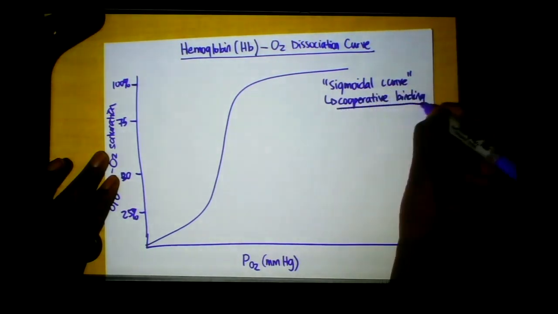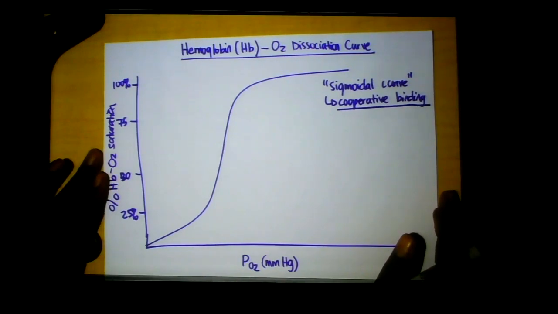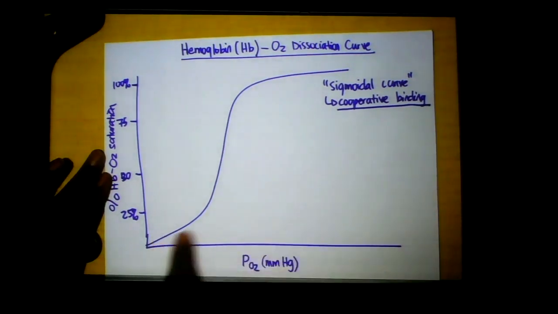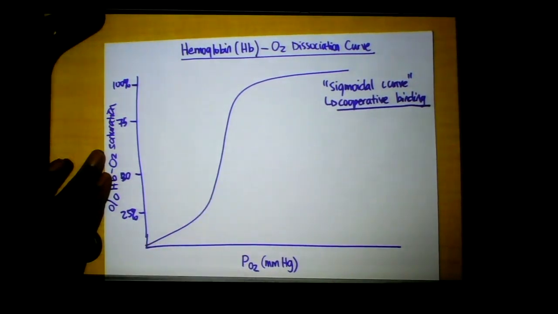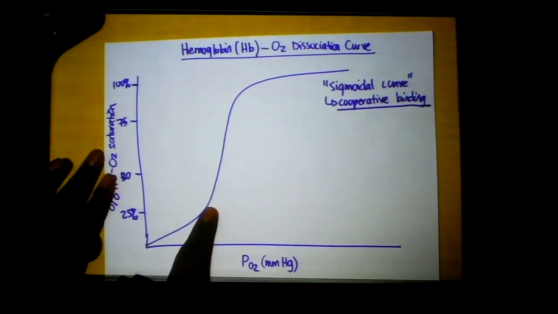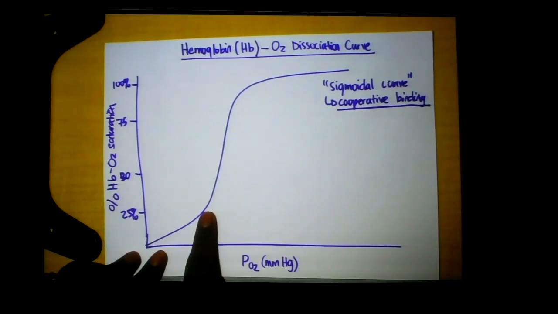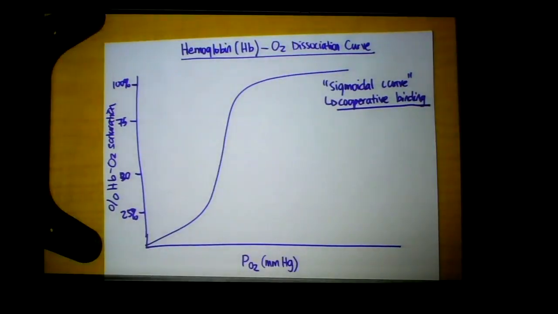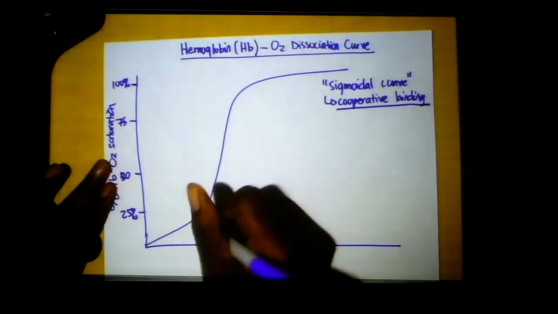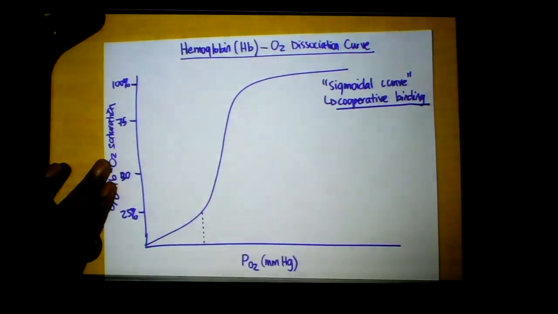And cooperative binding means that oxygen binds more easily to hemoglobin after that first oxygen has bound. So after that first oxygen binds, we then have that steep rise in the curve, and then it flattens off. Okay? Now, we know that, so this is our first oxygen.